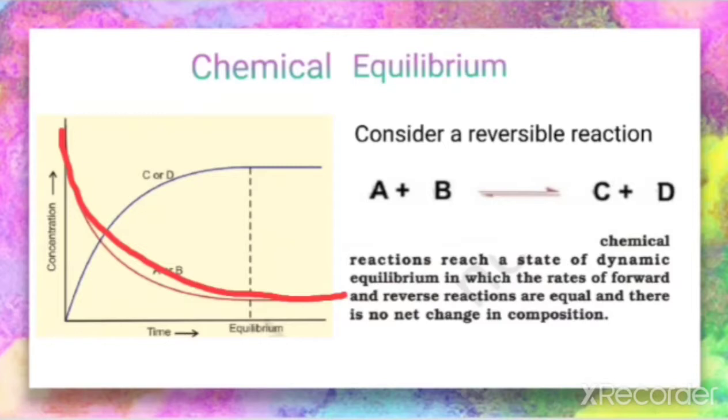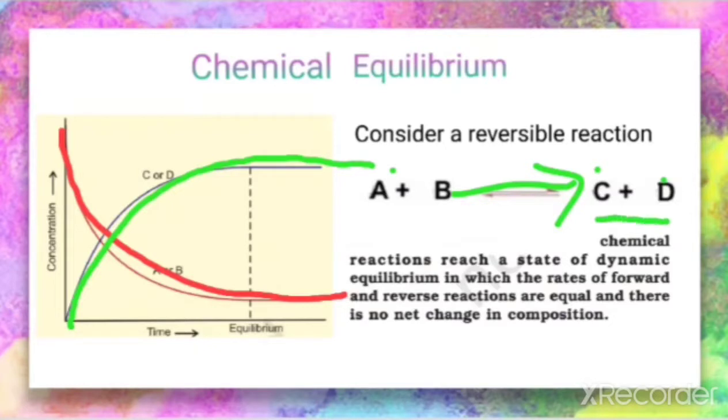And for the product, that is C and D, initially there was 0 value, but as the time passes, the concentration of product increases and becomes constant after some time. Because as the reaction begins, the reactant is getting converted into the product. That's why the concentration of product is increasing and the concentration of reactant is decreasing.